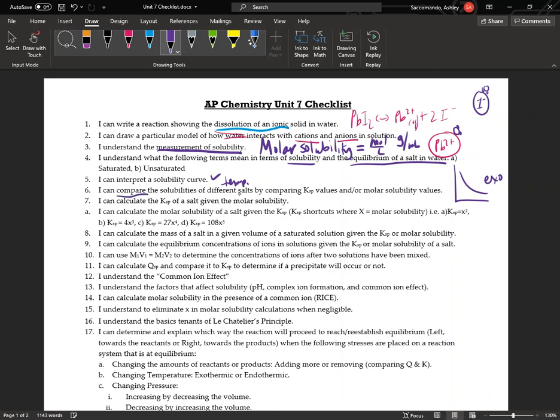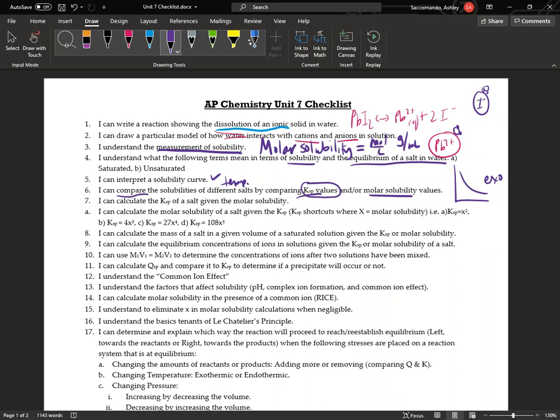We're going to compare solubilities of different salts with their Ksps or their molar solubilities. Now, remember, the only time you can directly compare the solubilities of different salts by their Ksp values is if they have the same ratio of ions.